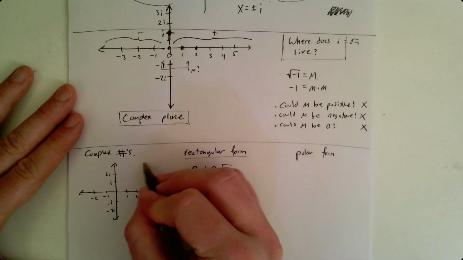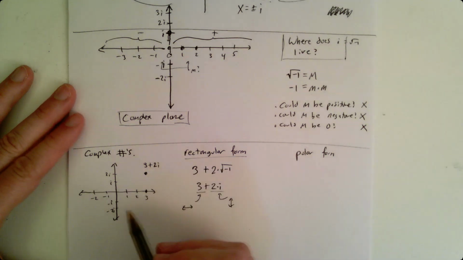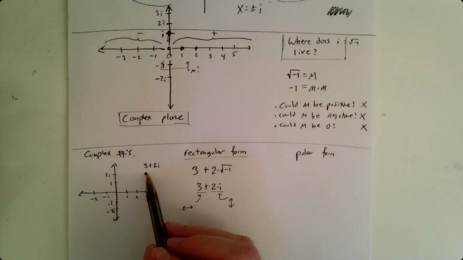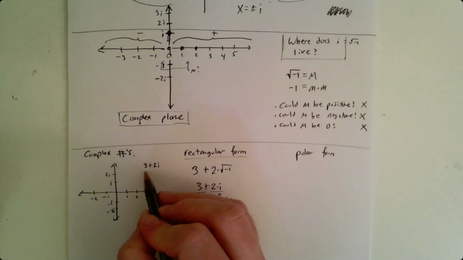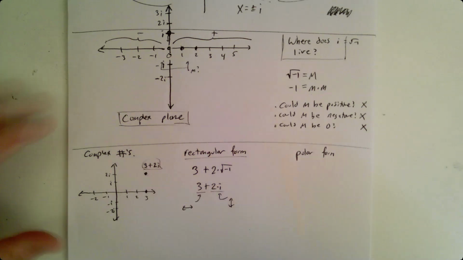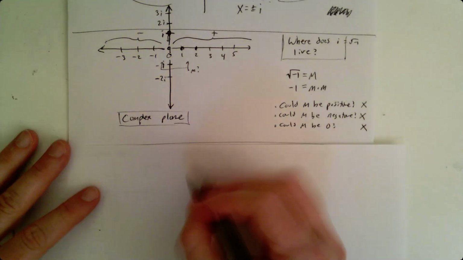So this is a single number, 3 plus 2i. Even though this looks like the xy plane where you represent a point with 2 separate numbers, we're representing a single number that just has 2 separate parts. Just as a side note, this is not the first time you've thought about single numbers that have 2 separate parts.